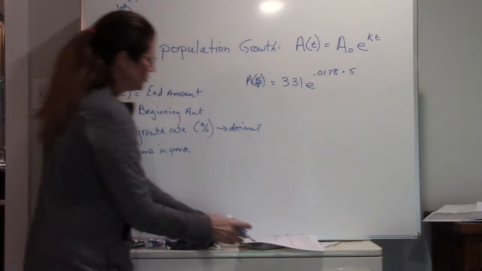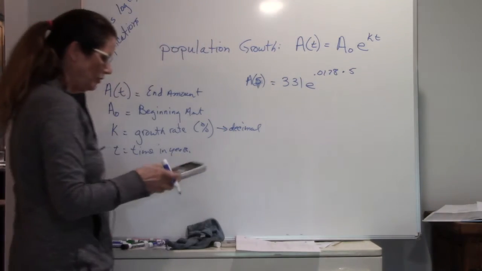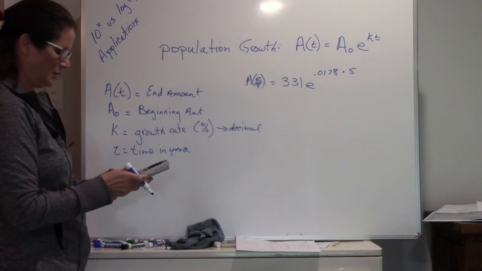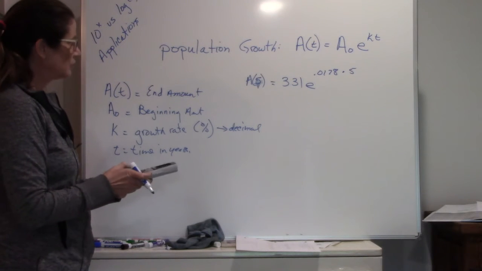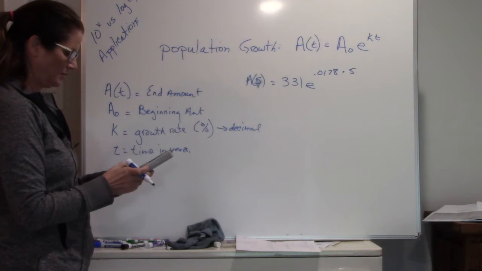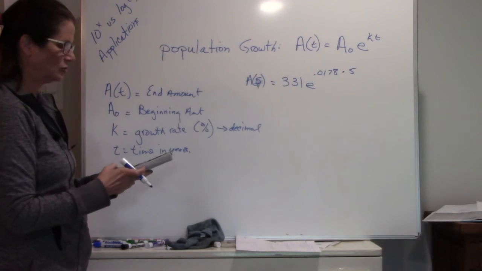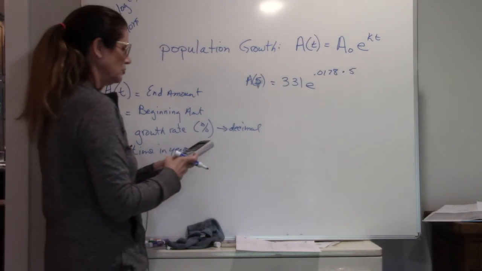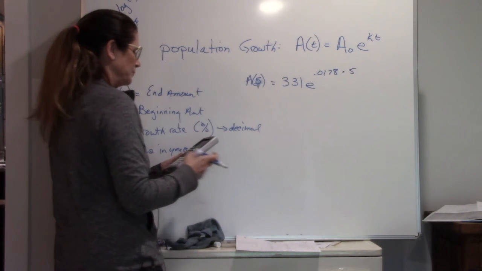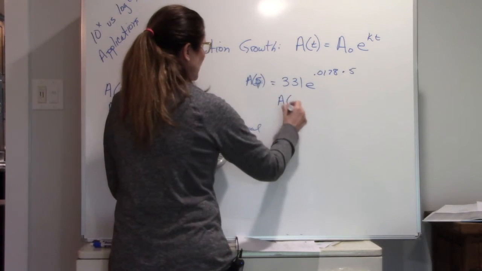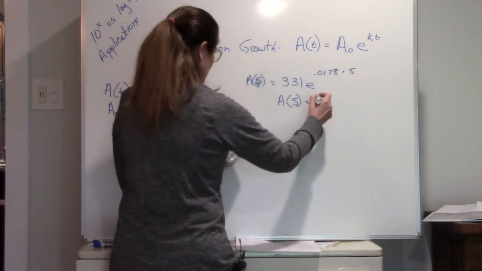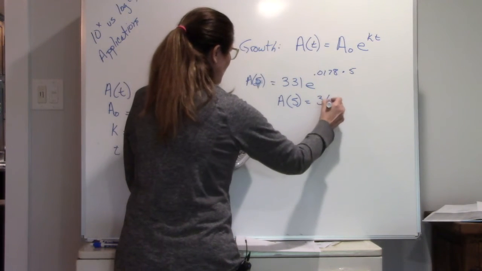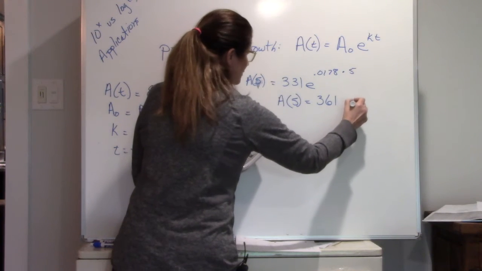Okay, so all you have to do, get your trusty calculator, do 331 times e raised to the 0.0178 times 5. Make sure it is in parentheses and make sure that you close the parentheses. And the population after 5 years in 2025 is going to be approximately 361 million.